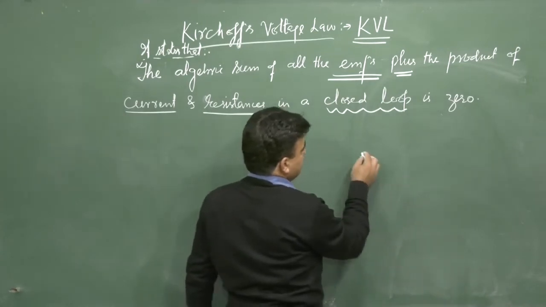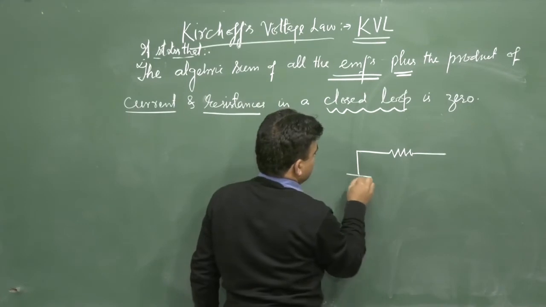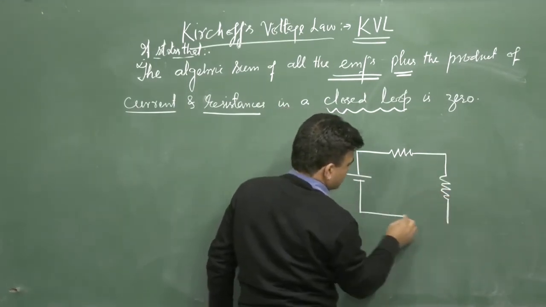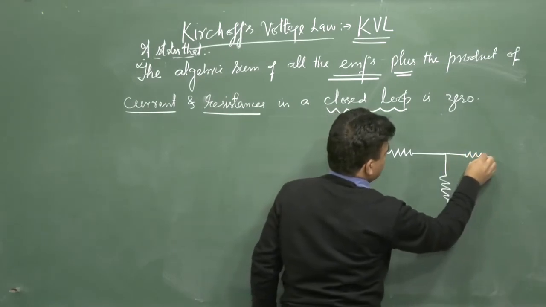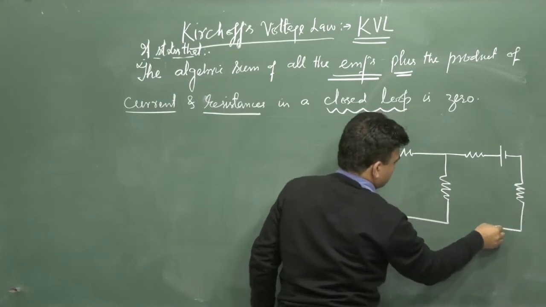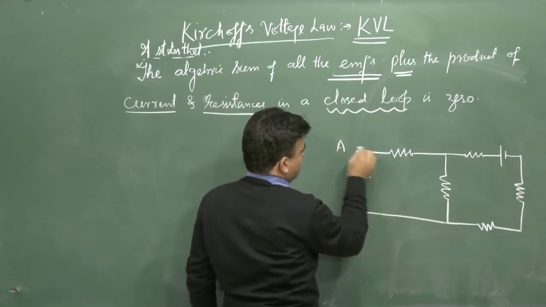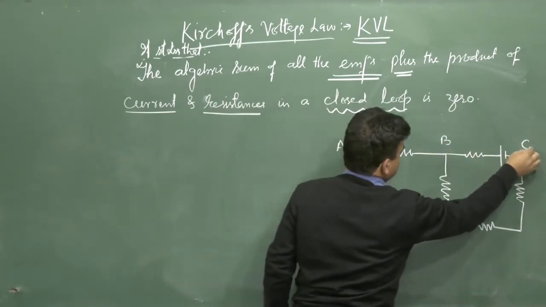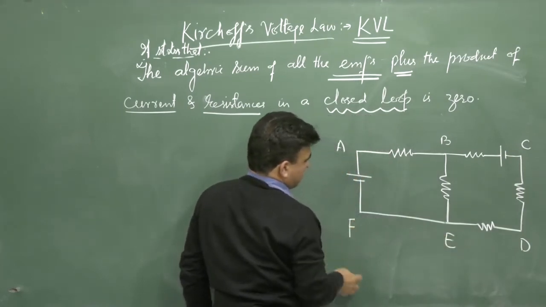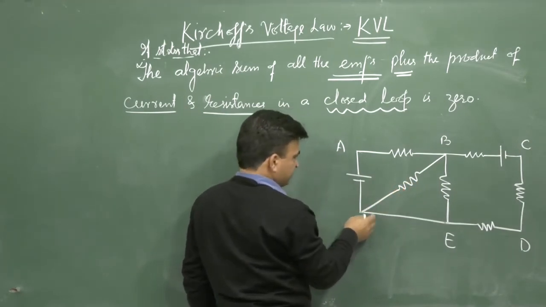Again, let us consider an electrical circuit like this. Let us suppose that this is point A, point B, C, D, E, F. Let us have another resistor here also.